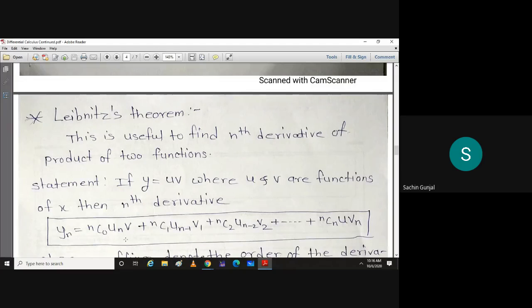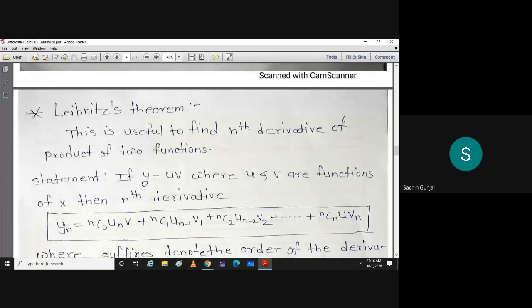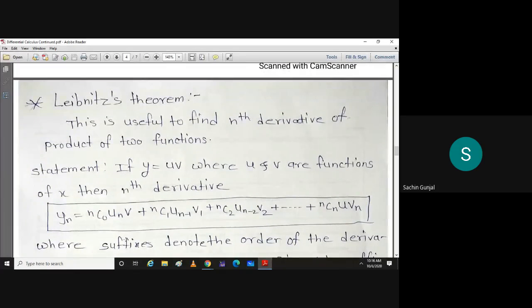What is the value of nC0? If you don't know the values of the binomial coefficients, you should write them. What is nC0? 1. What is nC1? n.